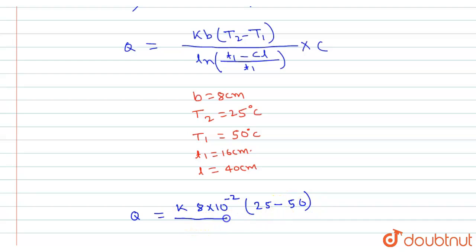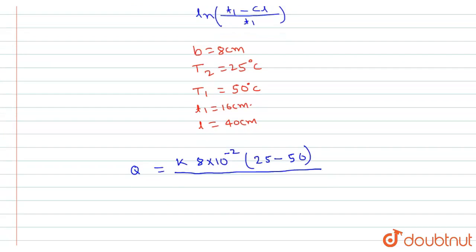And divided by ln, T1 is 16, so we put here 16 minus C, which is 3 by 20, into L value, which is 40 given, divided by T1, and T1 is 16. Clear?